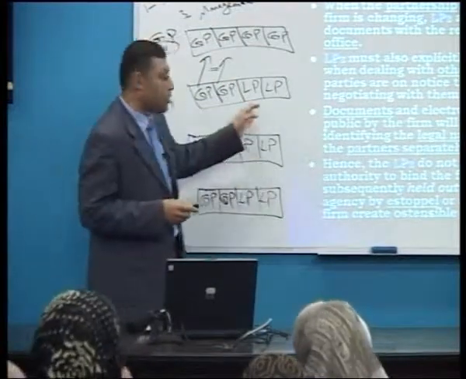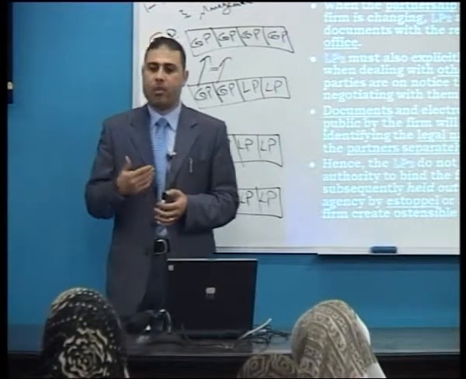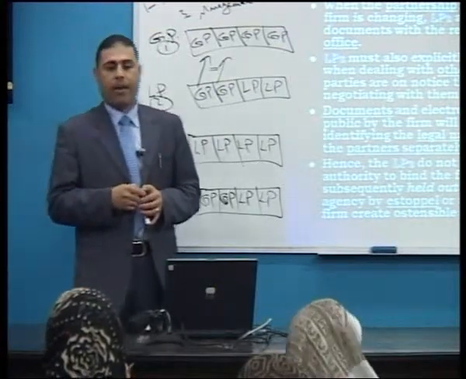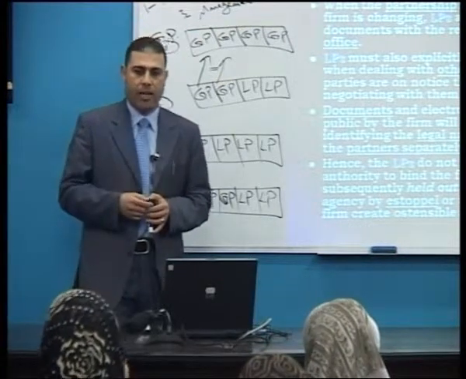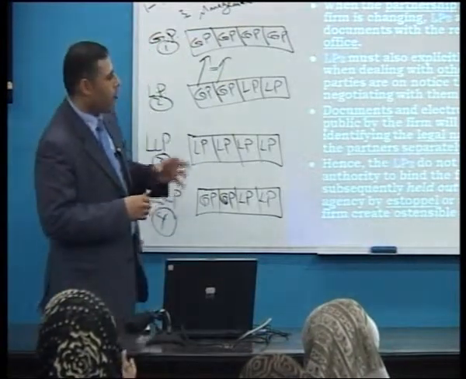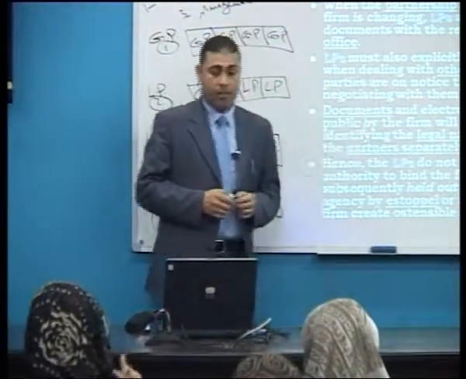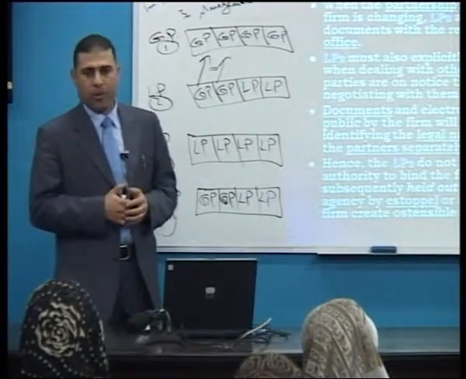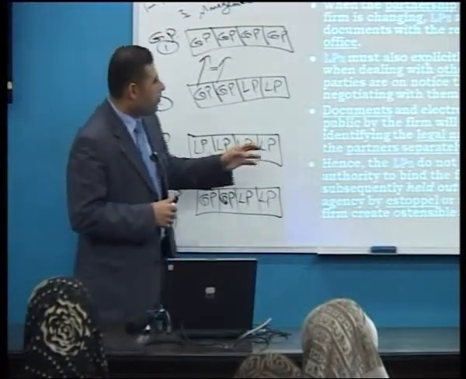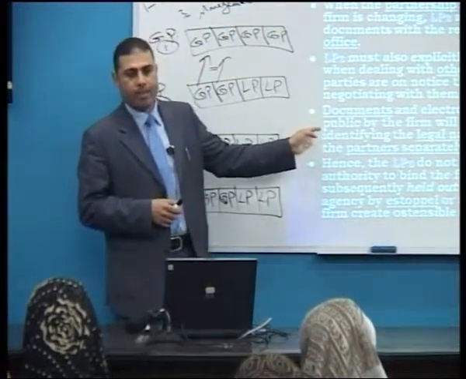LBs are not agents, so why should I deal with that LB? I might get in trouble. I might not have guarantees for the transaction I'm doing with that LB. So we have to make sure that all customers know from the beginning the status of the partner they are dealing with.